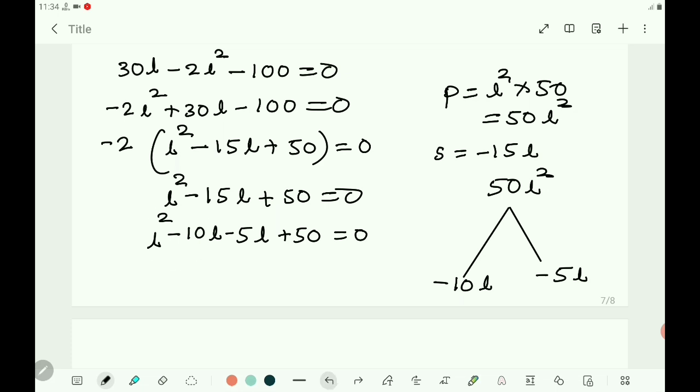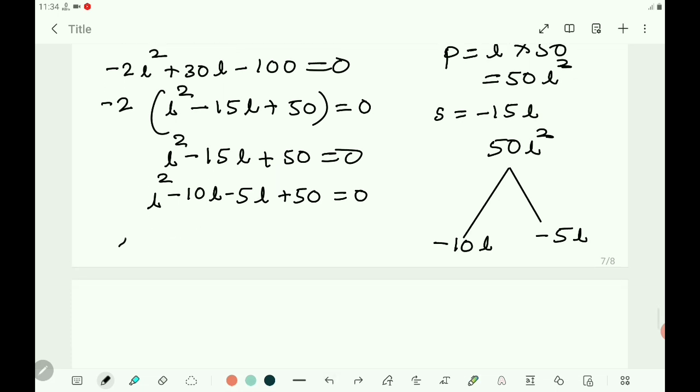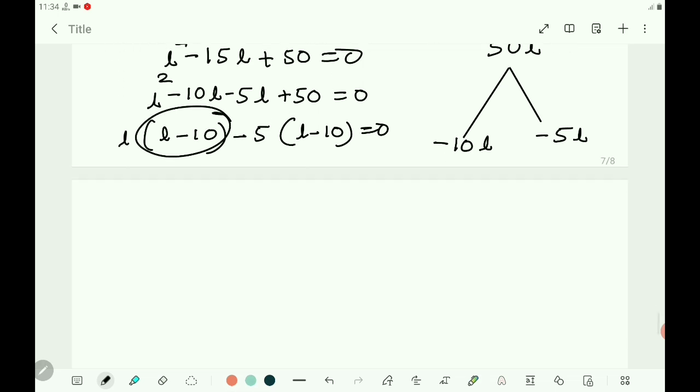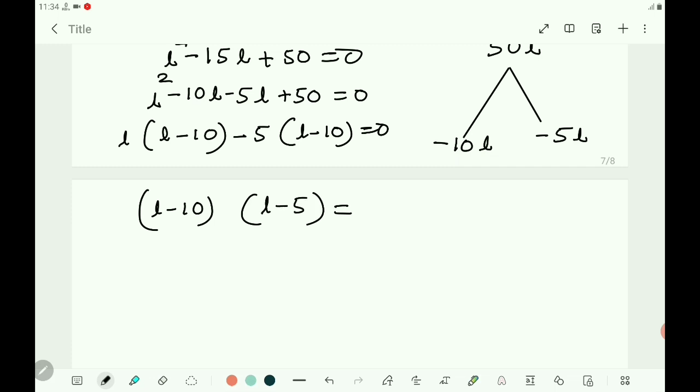L square minus 10L, L is common here. That is L minus 10. Minus 5 is common. Again L minus 10 in the bracket. You got the common bracket L minus 10. L minus 10 in one bracket, in the other bracket L minus 5, equals 0.